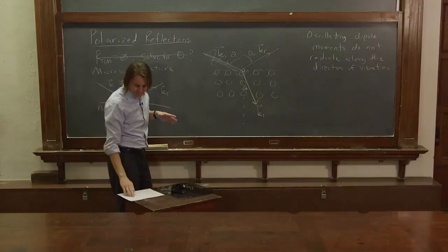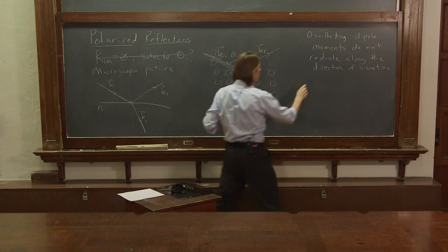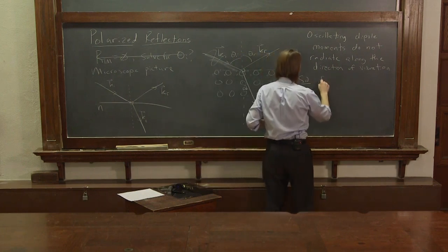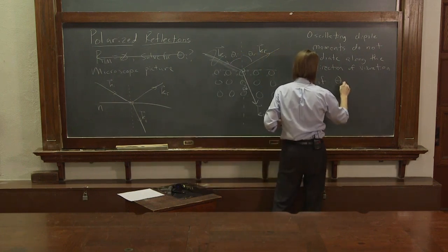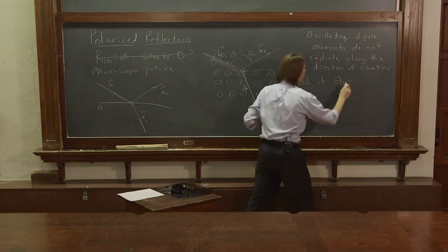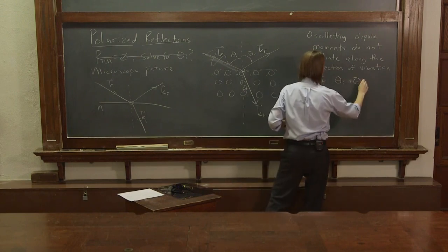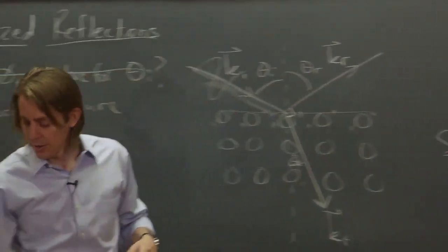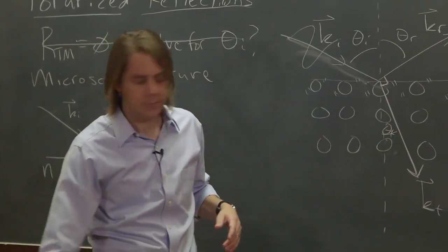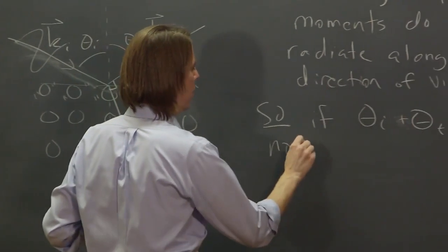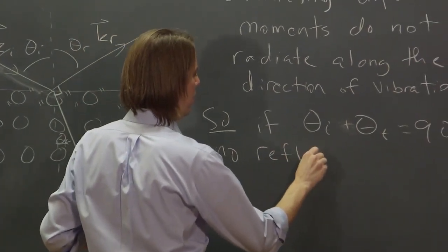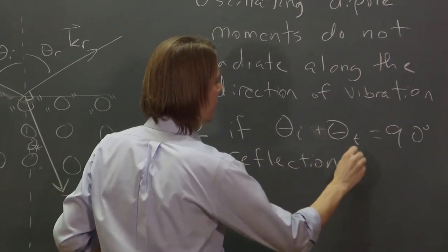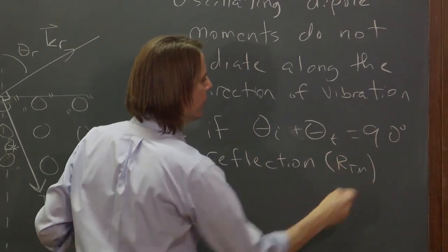Okay? So let's say, if theta I plus theta transmitted equals 90 degrees, then you get no reflection. And we're talking about RTM here.